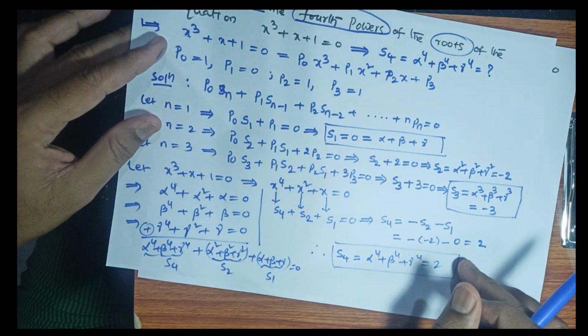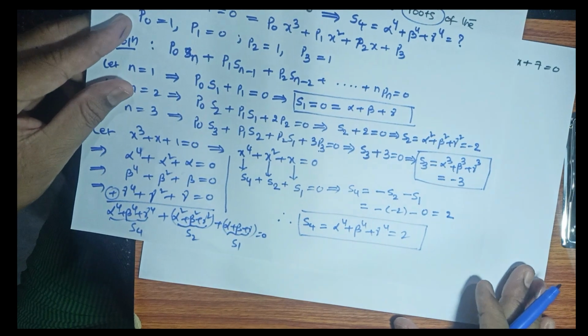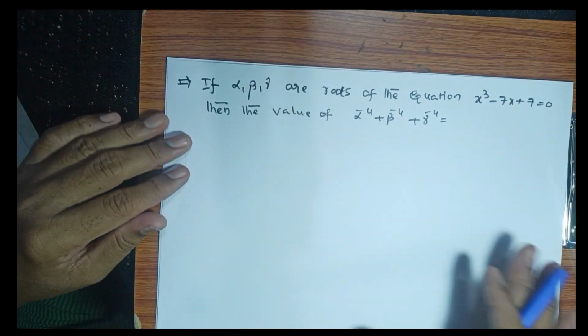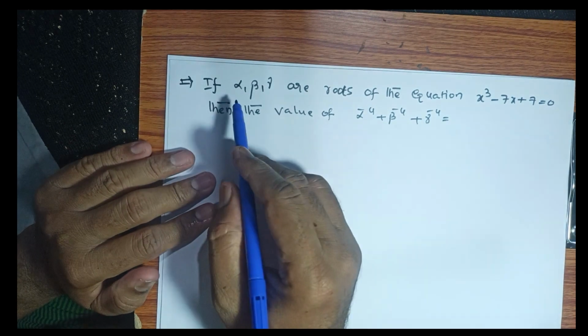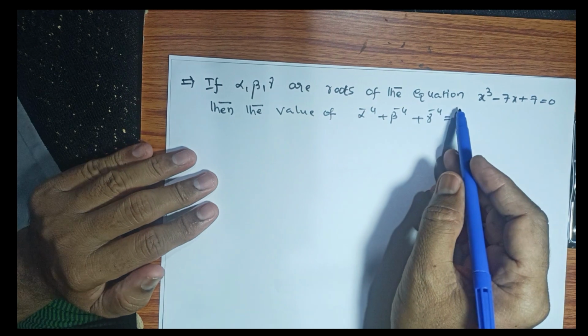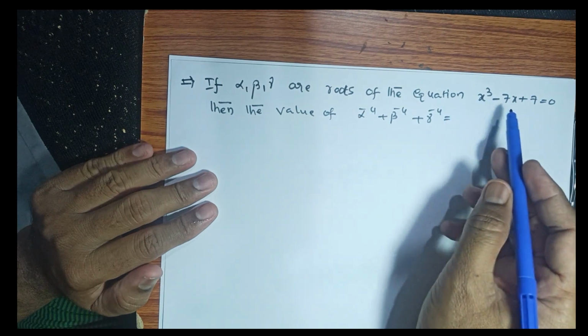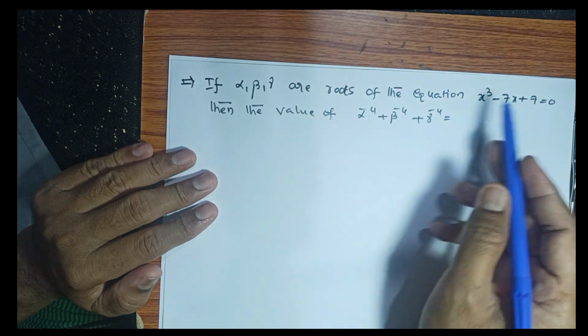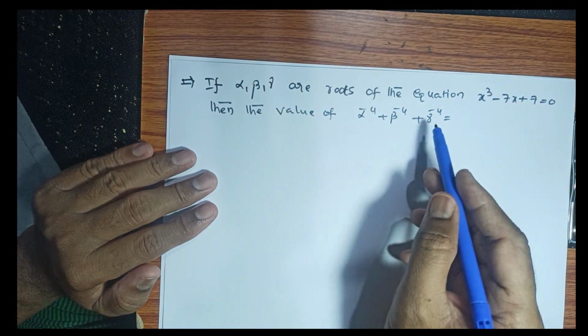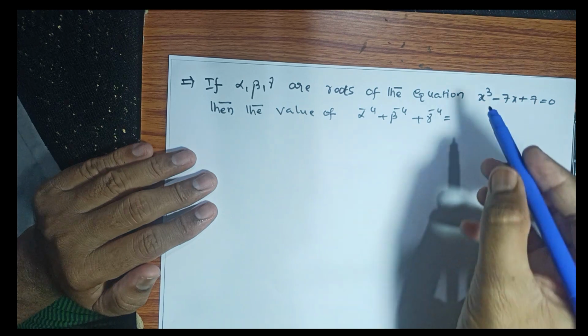Next question we can solve in reciprocal format. How are we going to solve it? See, the question is: if alpha, beta, gamma are roots of the equation x cube minus 7x plus 7 equal to 0, then find the value of alpha power minus 4 plus beta power minus 4 plus gamma power minus 4.